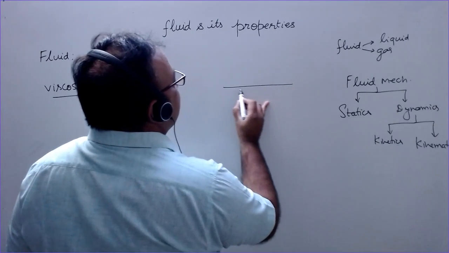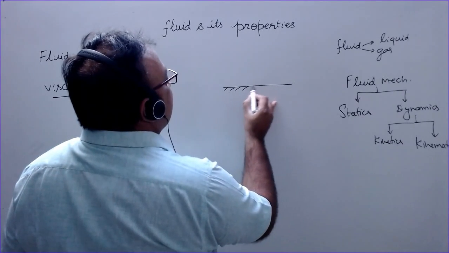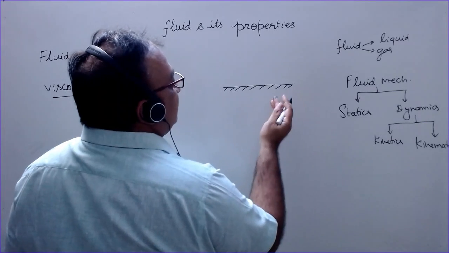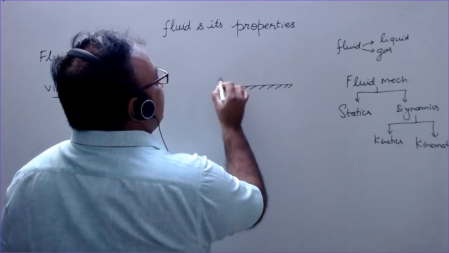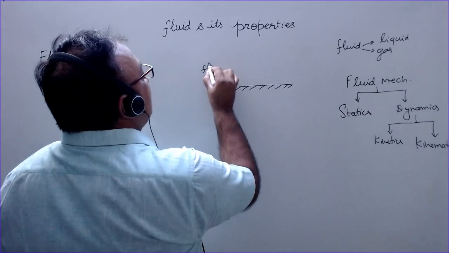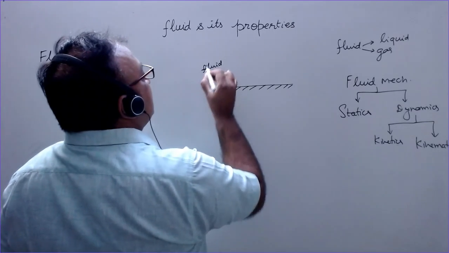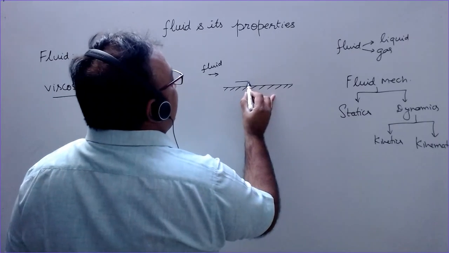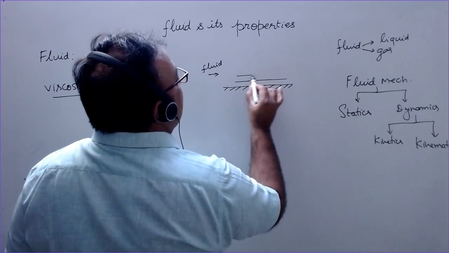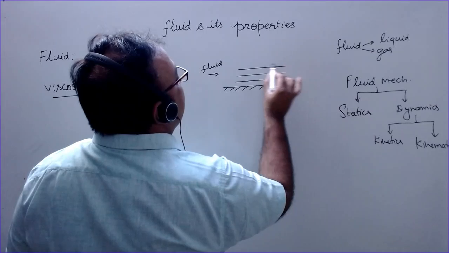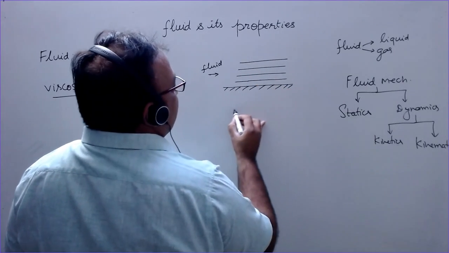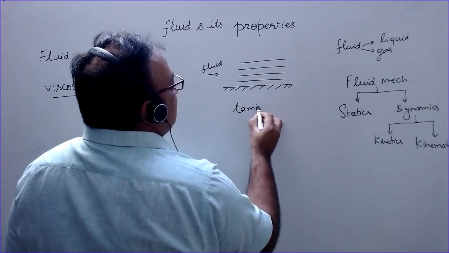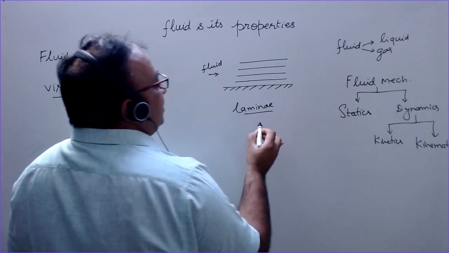Suppose this is a surface, a stationary surface, and over this surface the fluid is moving, and when the fluid is moving at a very slow speed, then the fluid is having regular layers which are called lamina, laminae being the plural of lamina.